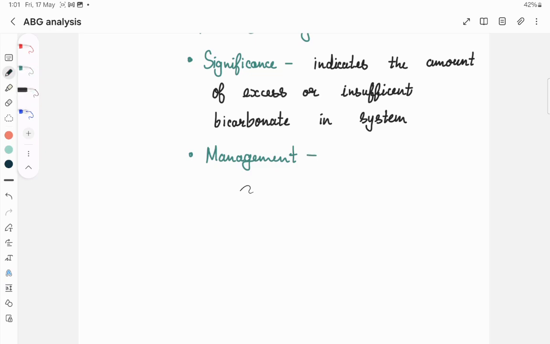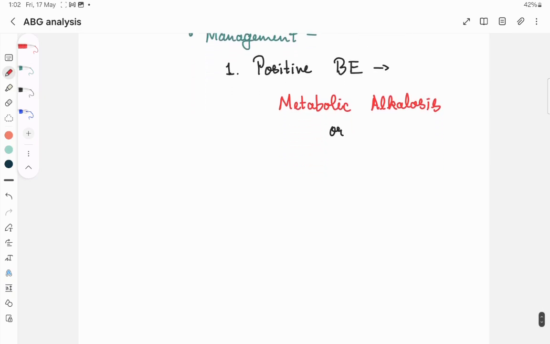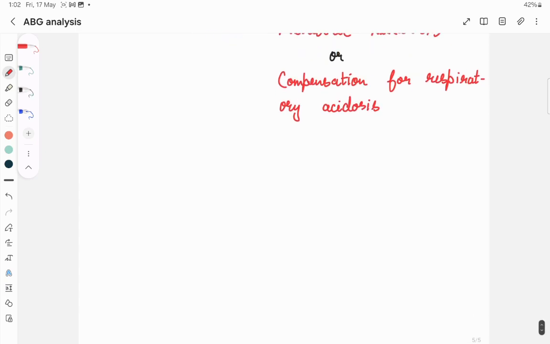Management would be: positive base excess means metabolic alkalosis, or compensation for respiratory acidosis.